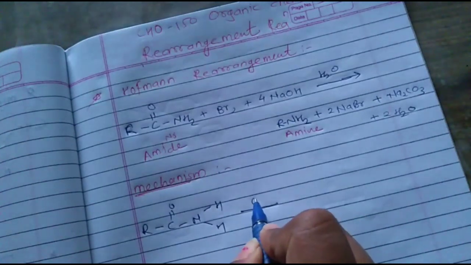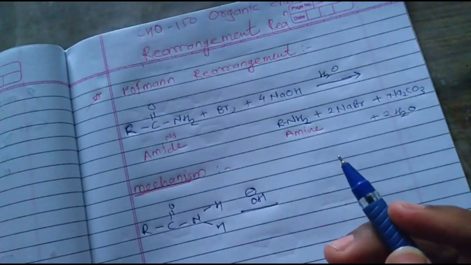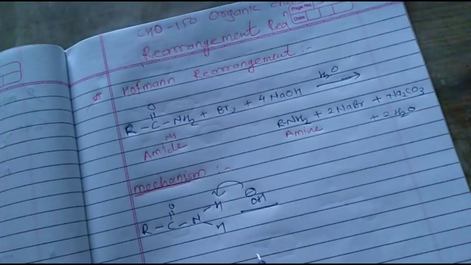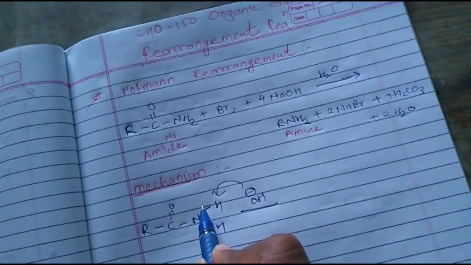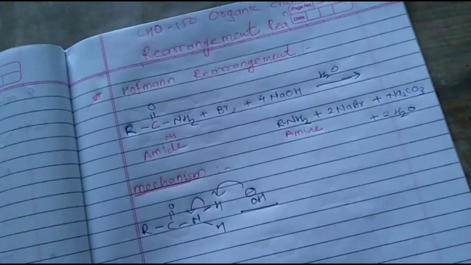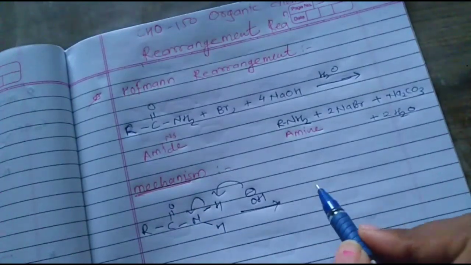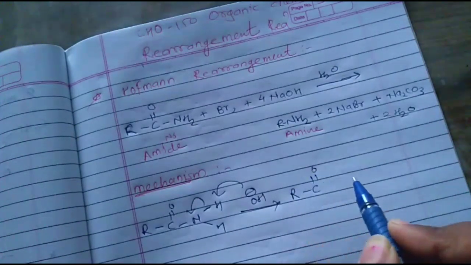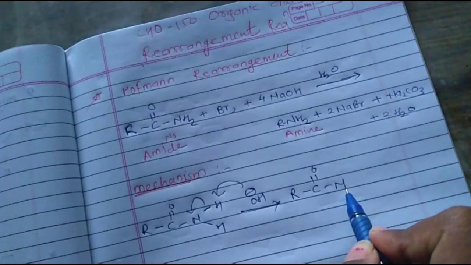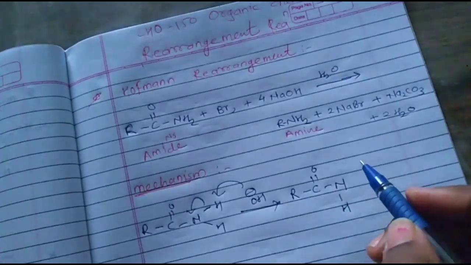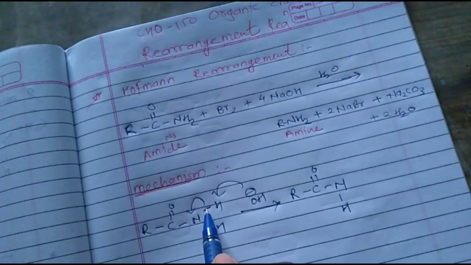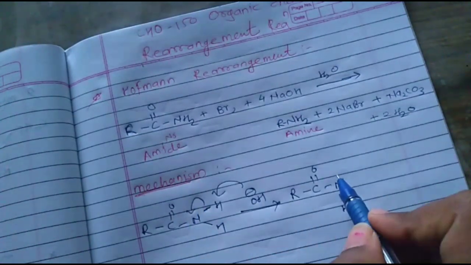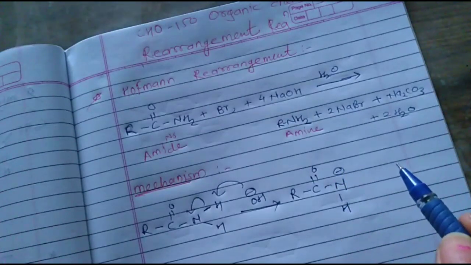The base attacks this hydrogen, and the lone pair is accepted by the nitrogen, forming R C double bond O N H. The electron is accepted by this nitrogen, which gets a negative charge.